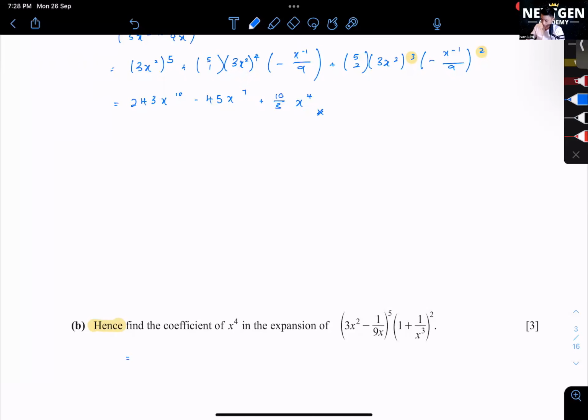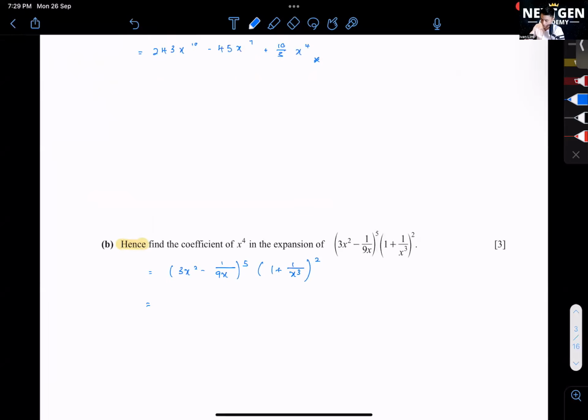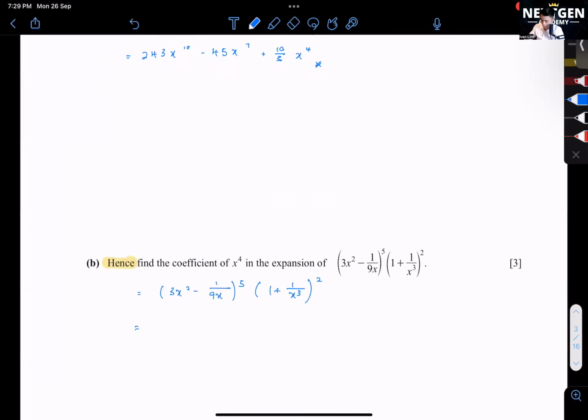So the expression is (3x squared minus 1 over 9x) to the power of 5 times (1 plus 1 over x cubed) squared. You use the values from the top: 243x to the power of 10 minus 45x to the power of 7 plus 10 over 3 x to the power of 4.